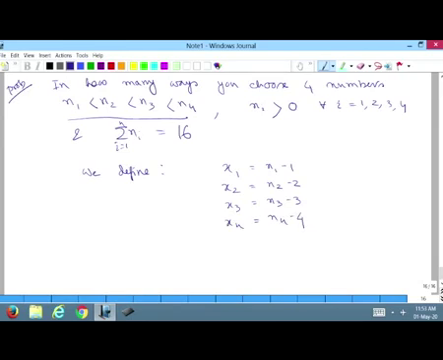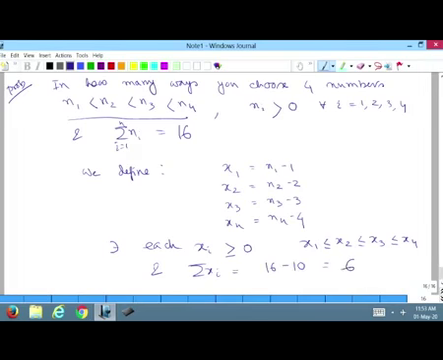Therefore, each xi is greater than or equal to 0, x1 less than or equal to x2 less than or equal to x3 less than or equal to x4, and the sum of xi is equal to 16 minus 10, which is 6.